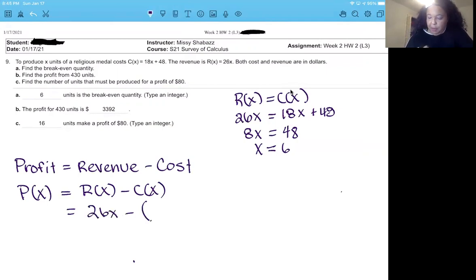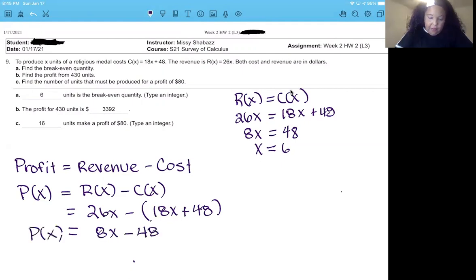My cost function, make sure you have that in parentheses so we distribute our negative sign, is 18X plus 48. And I have 26X minus 18X, which is 8X minus 48. All right, so that's my profit function.